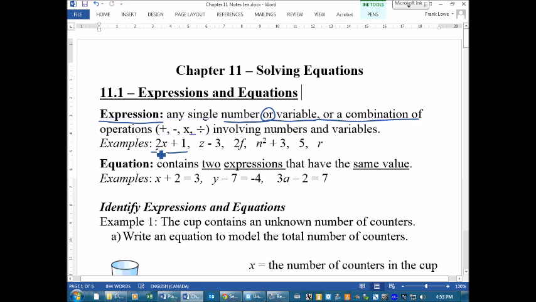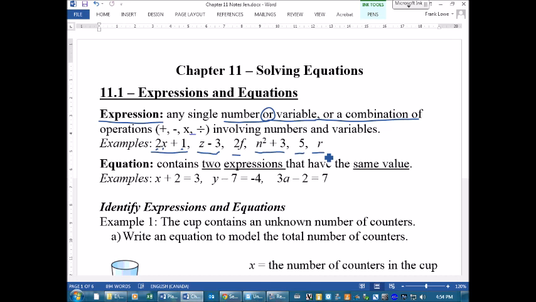We've got a number, a variable, some operation, and then even another number. This one, we've got a variable and a number. Same here, 2f, that means 2 times f. And here, we get n squared, which has 2 operations in it. But even if you have a number by itself, that's still referred to as an expression. Or if you have a variable all by itself, it likewise is still considered an expression.